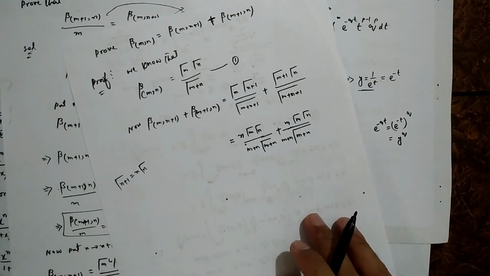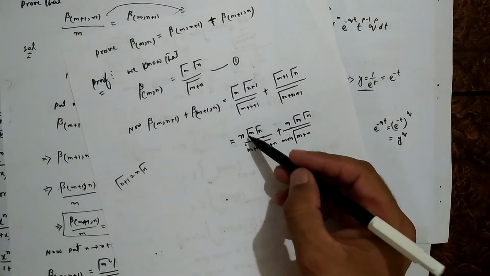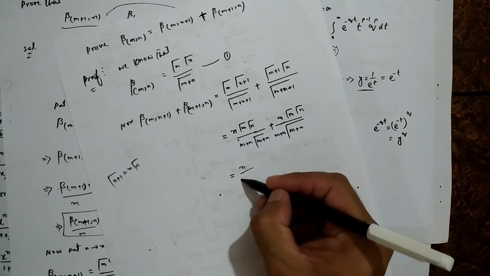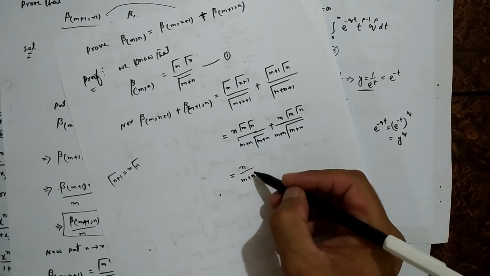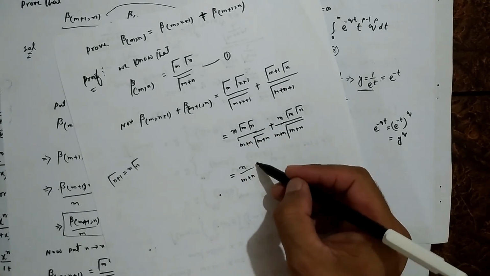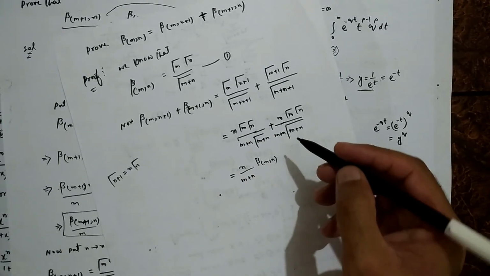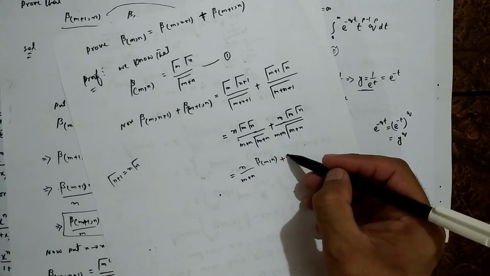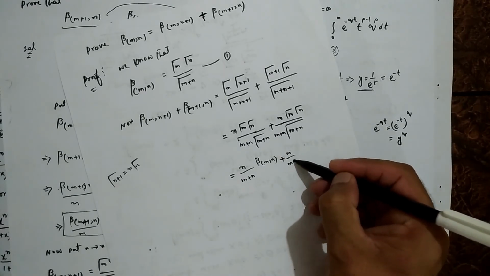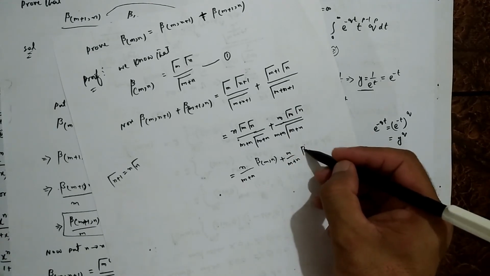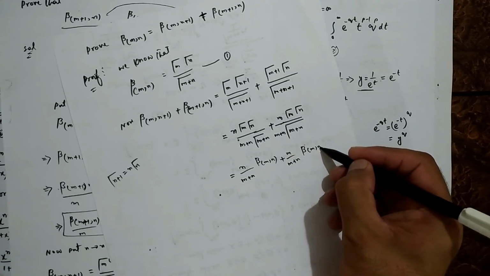Clear? So this is now n upon m plus n times beta (m, n), plus m upon m plus n times beta (m, n).